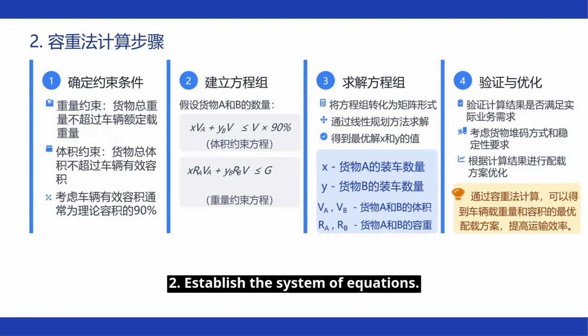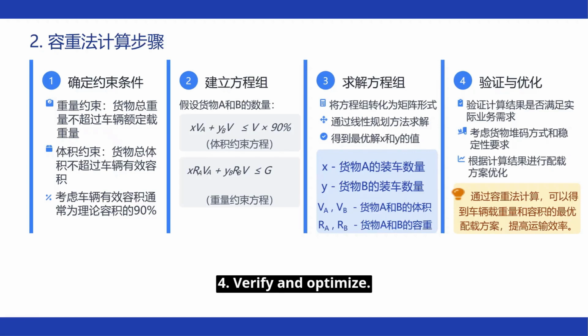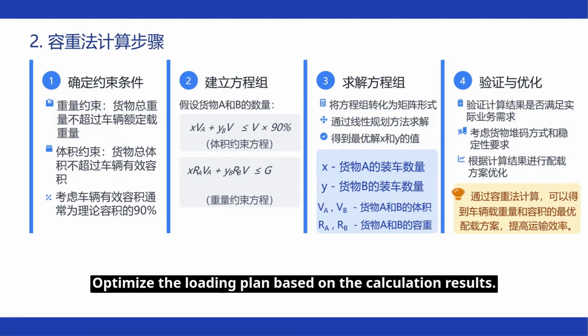Establish the system of equations. 3. Solve the system of equations. Solve for the optimal values of X and Y using linear programming methods. 4. Verify and optimize. Verify whether the calculation results meet the actual business needs. Consider how the goods are stacked and the stability requirements. Optimize the loading plan based on the calculation results.